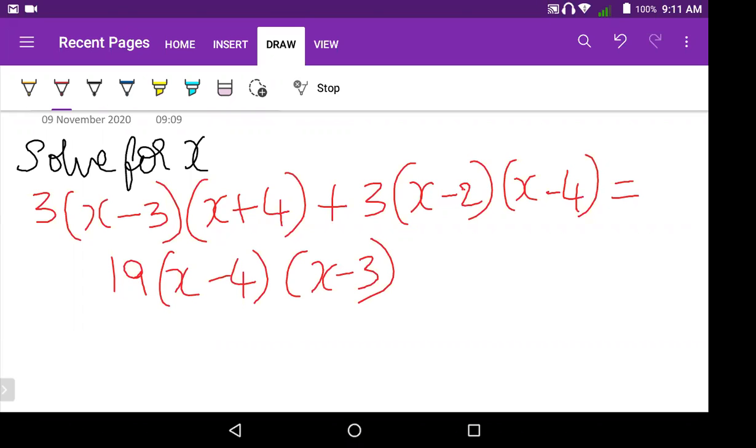Are you all able to see the screen? Yes, is it visible? Great. So this is the question.